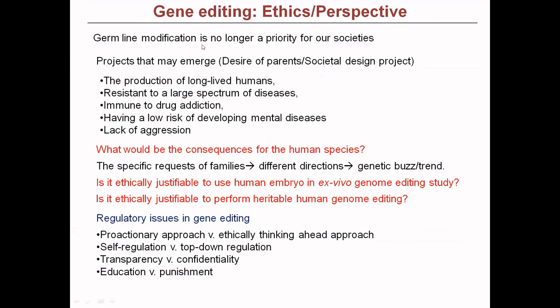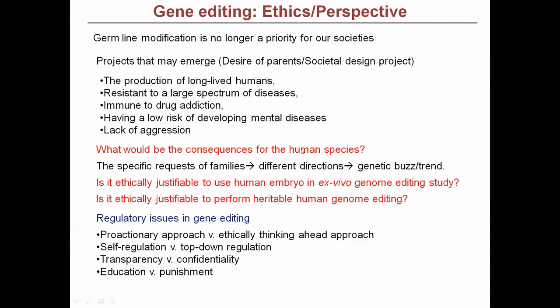Germline modification is no longer a priority for our society, but there are desires of the parents: they want long-lived humans, their offspring should be long-lived, resistant to a spectrum of diseases, immune to drug addictions, have a low risk of developing mental diseases, and lack aggression. These are the desires of the parents. So we are at a crossroad because we can edit the genes and it is already being done.